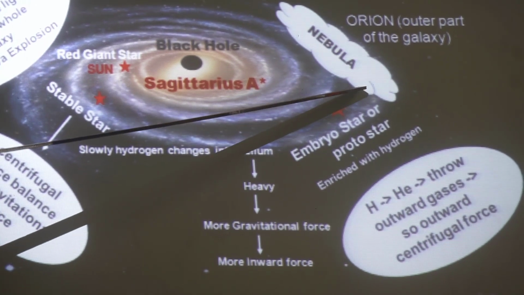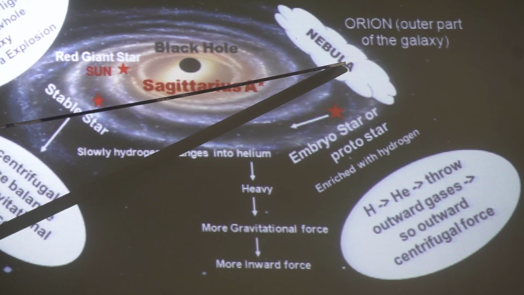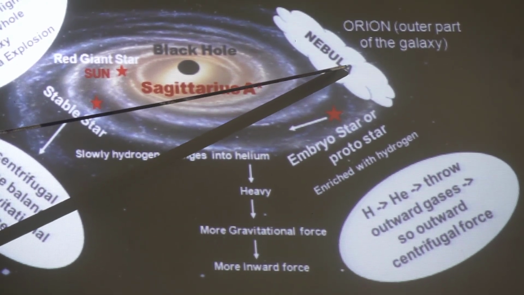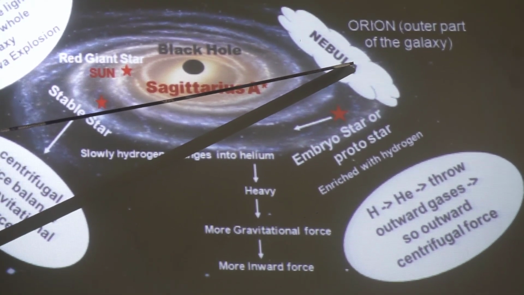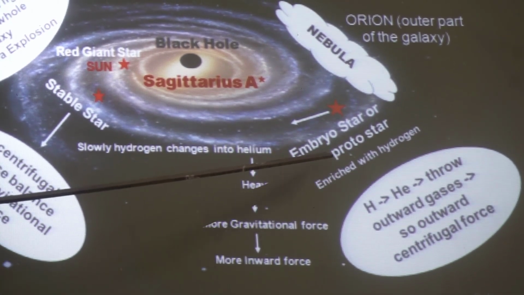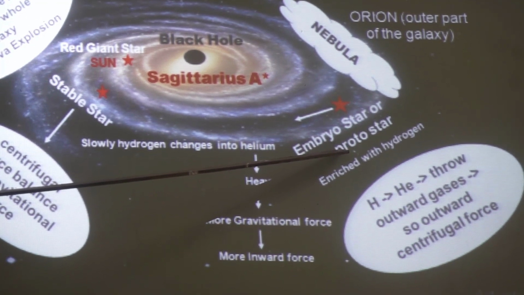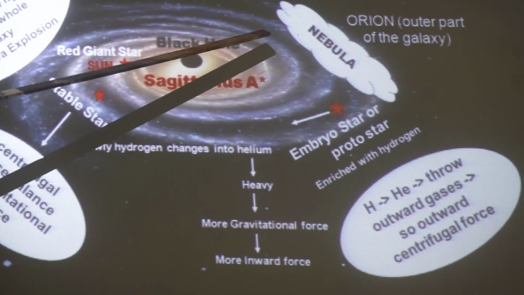This is the second time when gravity is creating something new from a cluster of hydrogen and dust, which is a nebula, right? Now it will create a new object, which is a star.